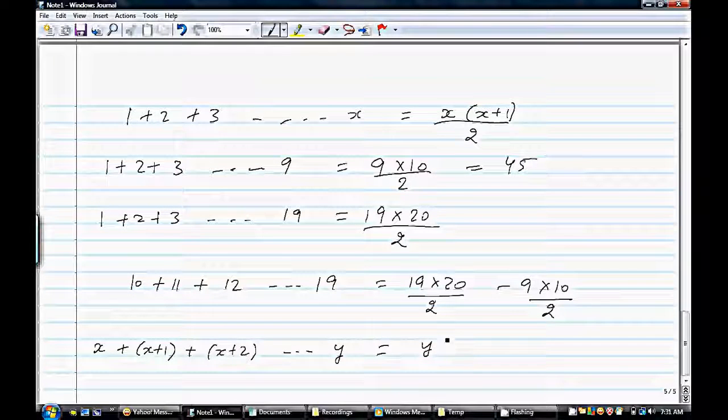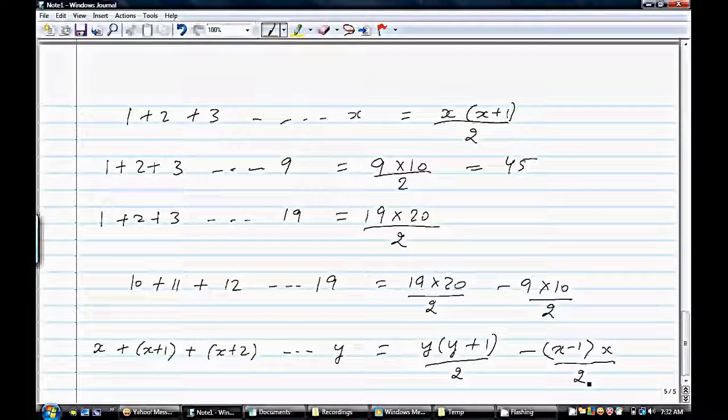That will be y into y plus 1 divided by 2, minus the numbers from 1 to x minus 1. Remember, we have x in the series, so we have to subtract numbers until x minus 1. That will be x minus 1 into x divided by 2. So this is the general formula.